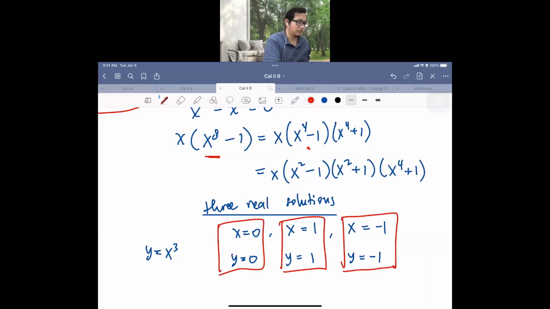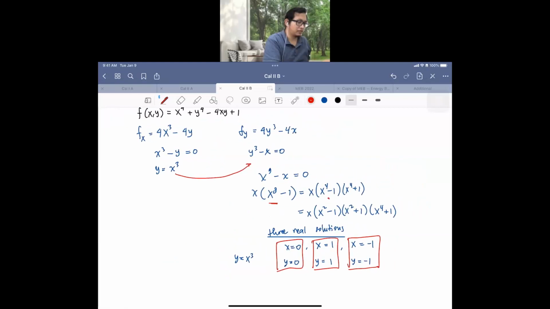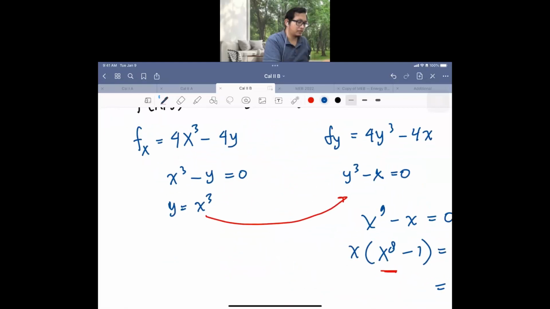Now the next step is to check these critical points, whether each is a maximum or minimum. We can check that with the second partial derivatives. Partial xx will be 12x squared.